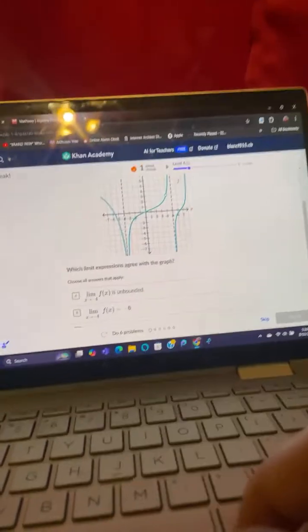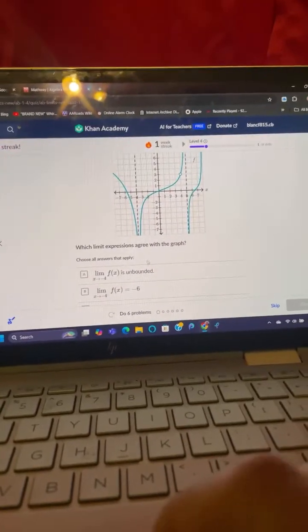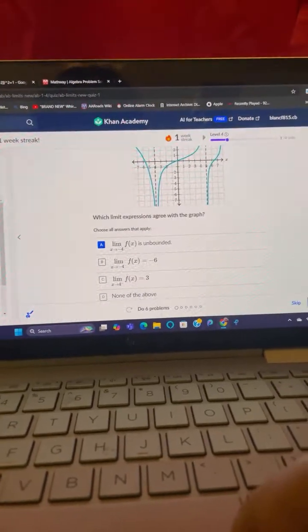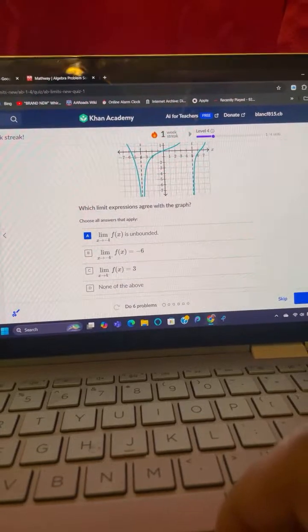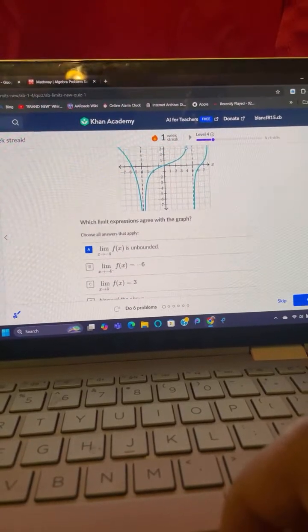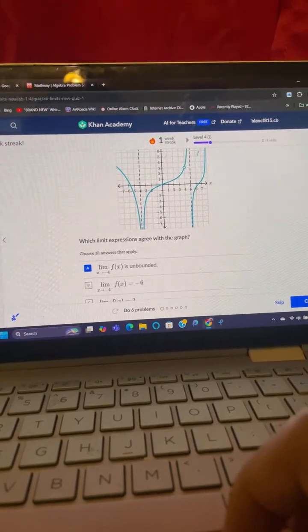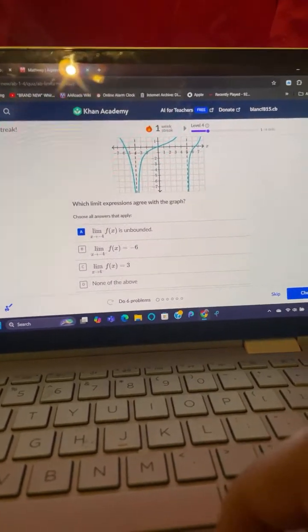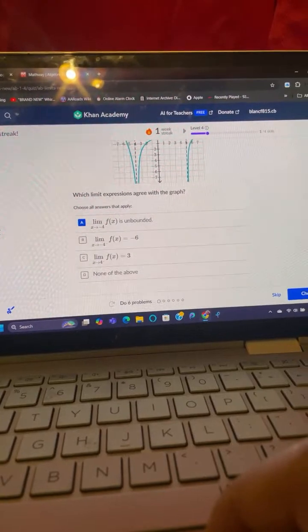Looking at -4. I think it's unbounded. -4 on the right side. It's unbounded from both sides.